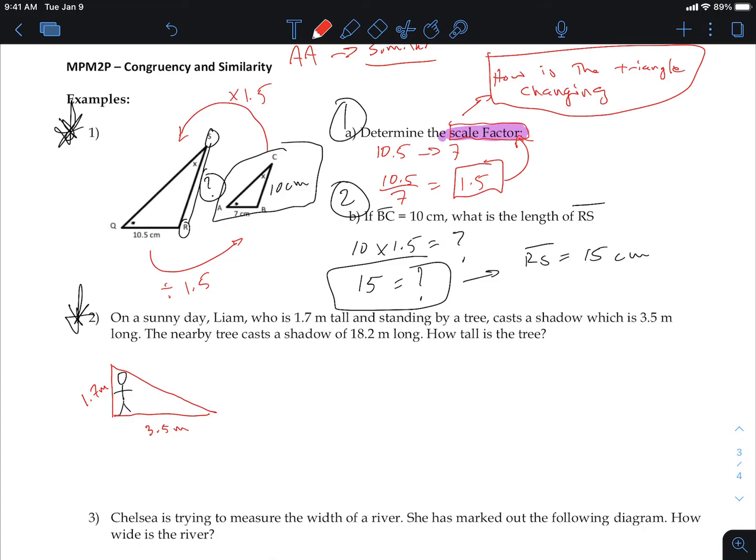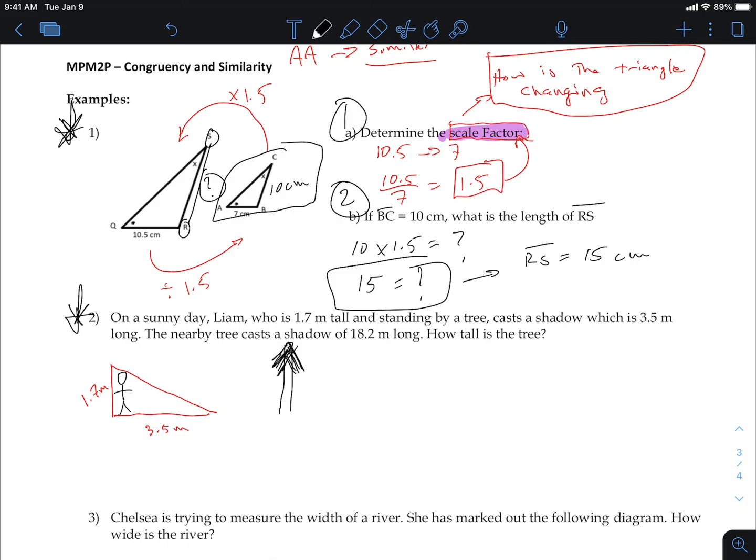Then we're looking at Liam standing next to a tree. It's a horrible tree, but you get the point.